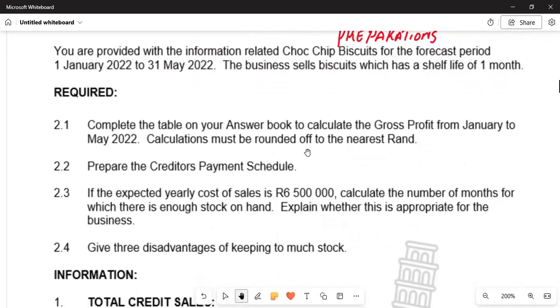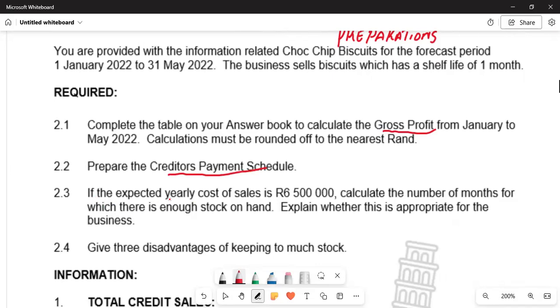Calculations must be rounded off to the nearest rand. So we have to calculate the gross profit from January to May 2022. Also prepare creditors payment schedule.